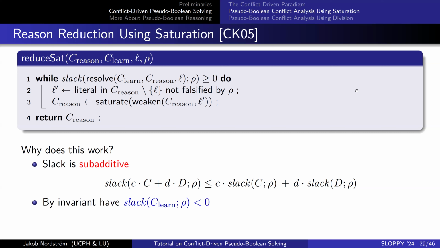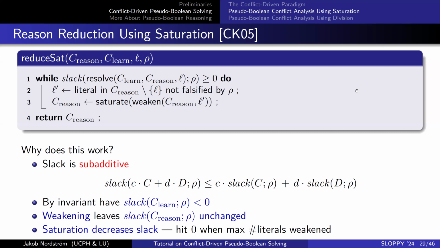And the second thing is, in our conflict analysis, our invariant says that the conflict side constraint explains what went wrong, which is the same thing as saying it has negative slack already. When we weaken on the reason side, that never changes the slack, because we're removing the maximal contribution. So weakening before and after, the slack is exactly the same.